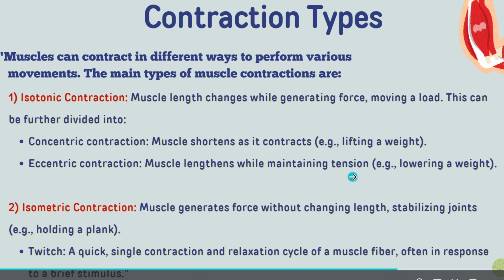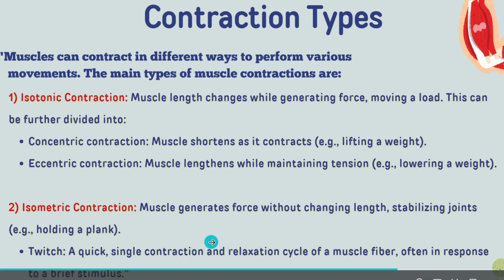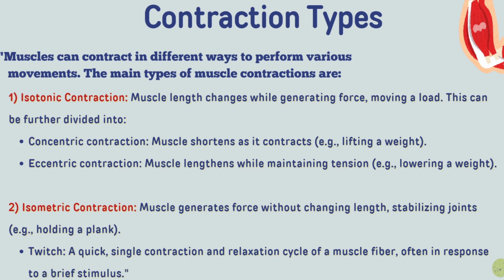Isotonic has two types: concentric contraction and eccentric contraction. An example would be lifting or lowering your weight or moving a load; there's work being done. Whereas isometric is when we're talking about stabilizing joints, about stability, just standing in a fixed place.